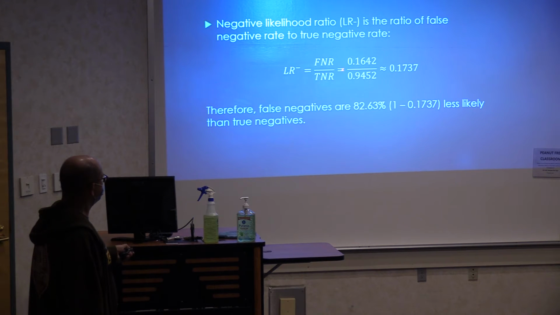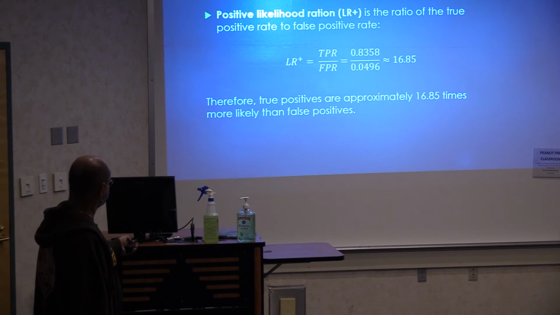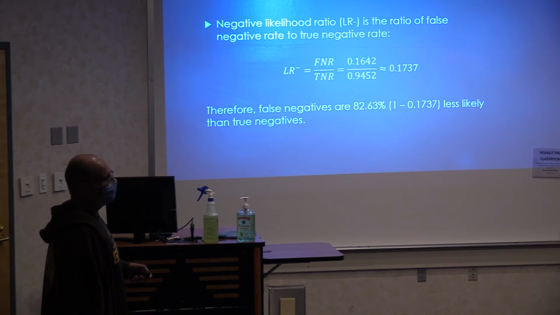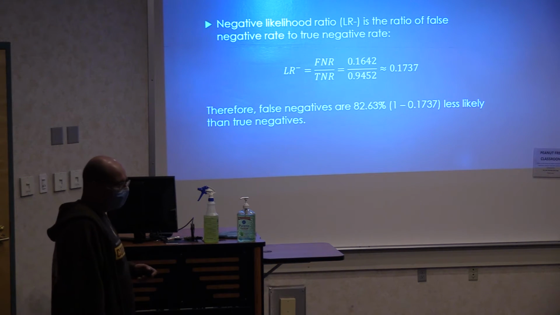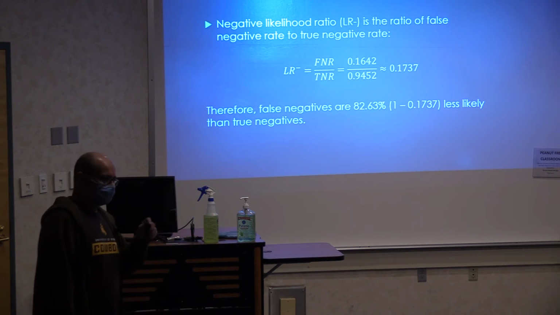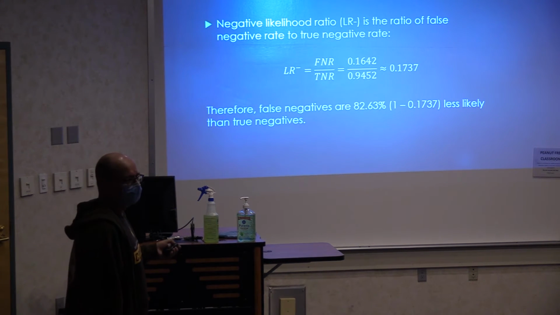This one is actually a little bit different, right? The positive likelihood ratio had the true positive rate over the false positive rate, but this one has a false negative rate in the numerator and the true negative rate in the denominator. That's done on purpose because of something else that's going to come up in a minute.